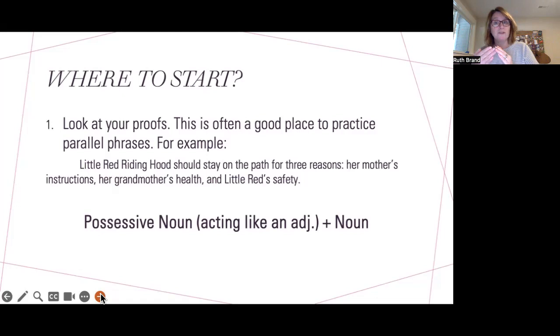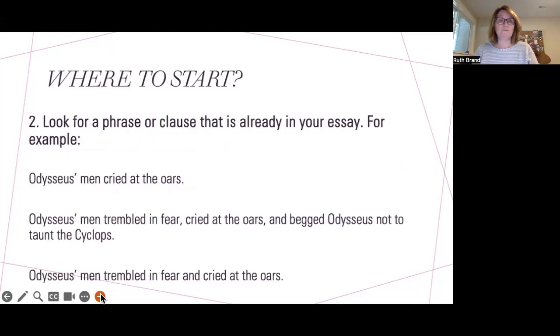And those are all nouns, right? And so when I build this pattern and these things are put together, there's harmony. They're all doing the same kind of work in the thesis statement. That's one place to start, is to look at your proofs and to really strive to make your proofs parallel.